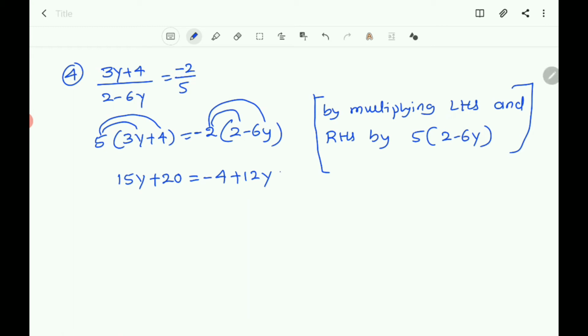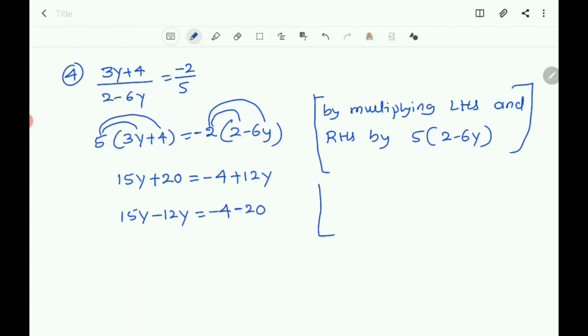Now again here we have to transfer 12y to the LHS and 20 to the RHS. So here what you have to do, that becomes 15y minus 12y is equal to minus 4 minus 20. By transferring 12y to the LHS, it becomes minus 12y, and by transferring plus 20 to RHS, it becomes minus 20.